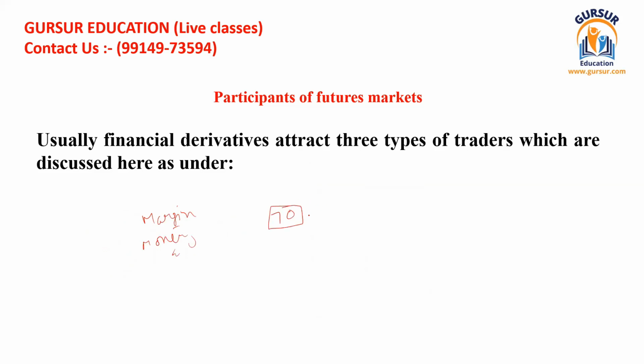Suppose it rises to 71, but you have placed the bid that after 3 months you shall be making the payment only on the basis of 70. The next day the price is 71. That means there is an addition of 1 rupee, which shall be known as your gain, and at the end of the day that shall be credited to your account.